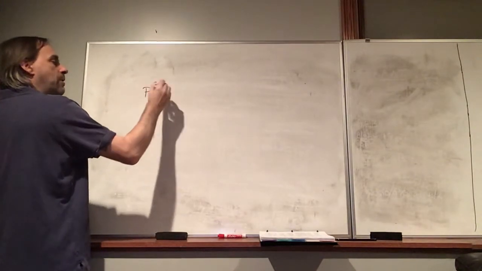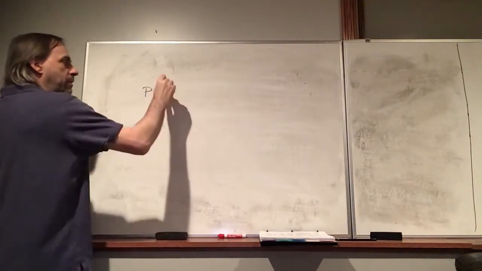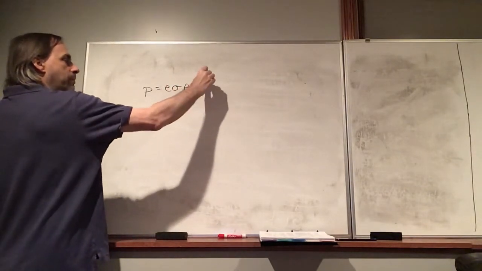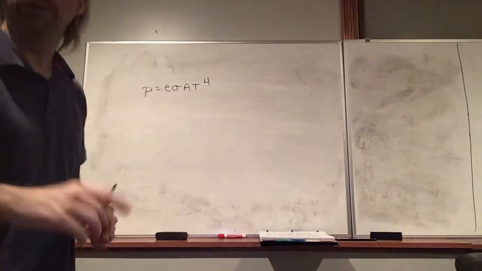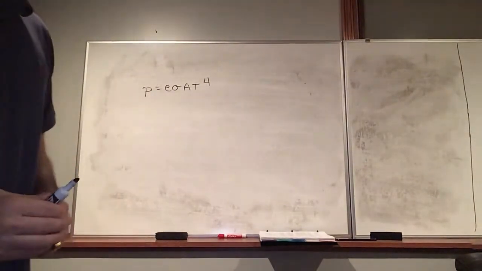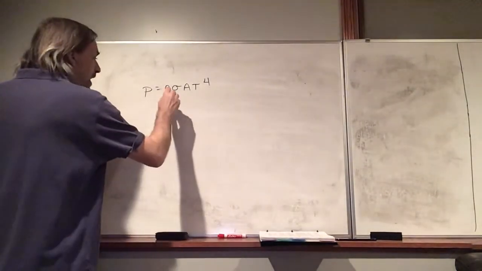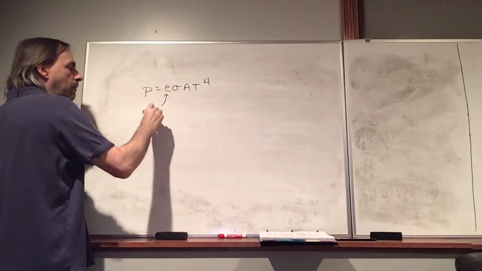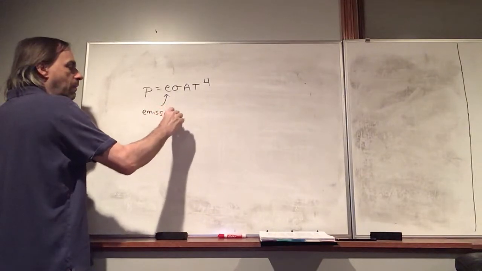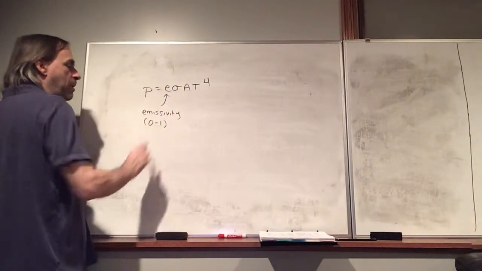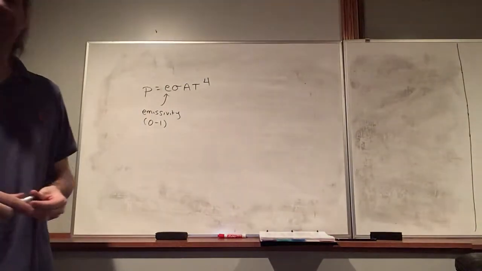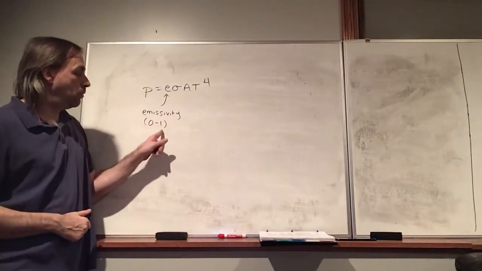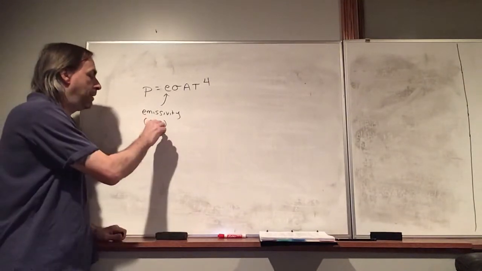The rate that energy is being emitted from an object, I'm just going to write it down and then discuss each part. Okay, so E is called the emissivity. This is a pure number with no units. It's between 0 and 1. Now, 1 would be a perfect black body.